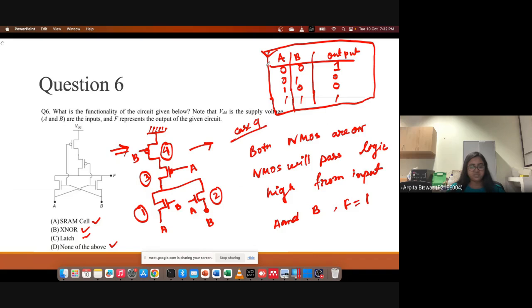Please unmute yourself. Okay, take your time, but at least try. Where 0 0, output is coming out 1. Then 0 1, it is coming out 0. Then 1 0, it is coming out 0. Then 1 1, it is coming out 1. For which gate this type of truth table is coming?